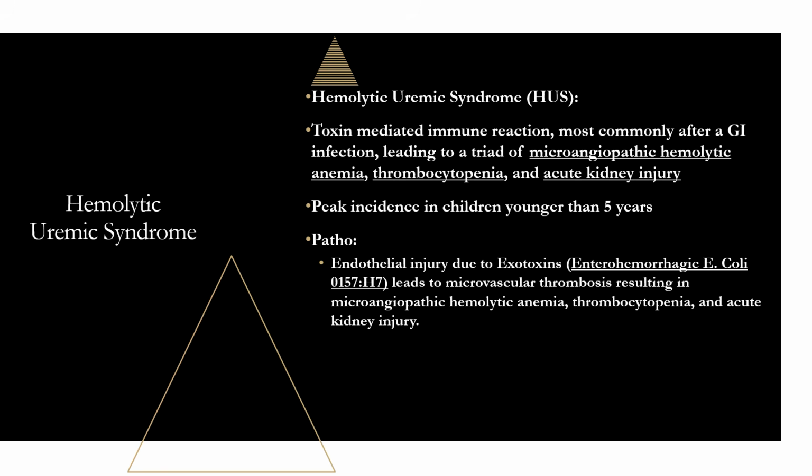The majority of the cases, I think around 90%, are caused from this organism. So it leads to microvascular thrombosis, results in microangiopathic hemolytic anemia, the triad again, thrombocytopenia, and acute kidney injury. So that's the triad from these exotoxins, specifically and most commonly the E. coli.